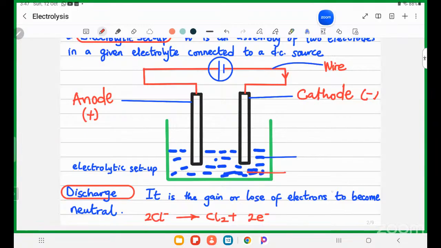And then we have this to be the electrolyte. This is the wire, and this is the DC source. This one is a beaker or containing vessel.